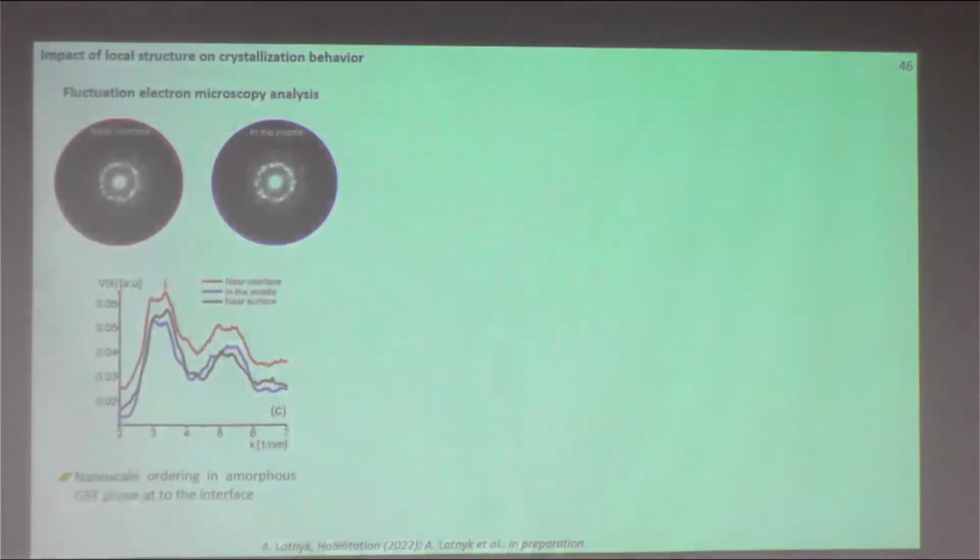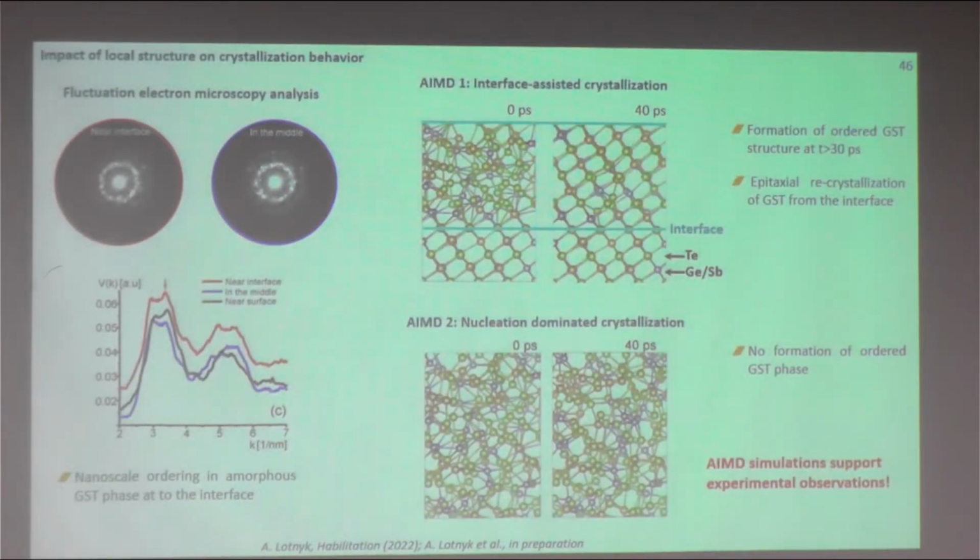Here we also show some TEM results on this process, and also some MD simulations, unpublished simulations. What we can see is that we can study the structure of the amorphous state at the interface, and by using fluctuation electron microscopy, we can see the order at the interface and compare at different places.